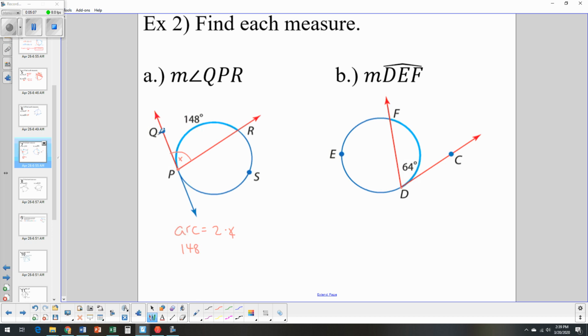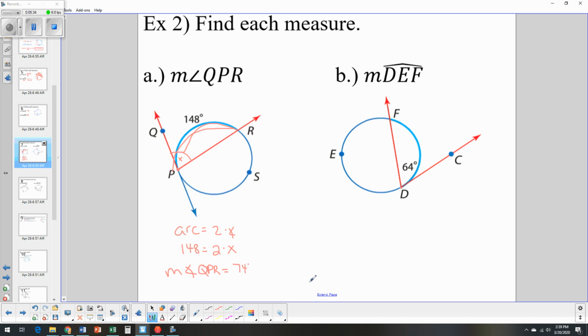If we look here, this angle matches with this arc. So 148 equals 2 times the little variable we made up. If we divide both sides by 2, we get that angle. The measure of angle QPR is 74 degrees.